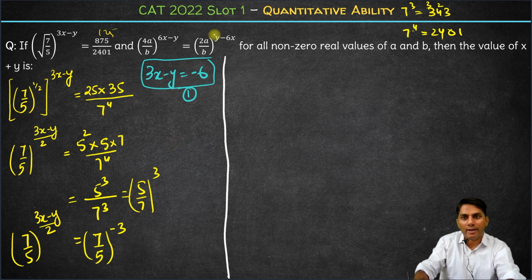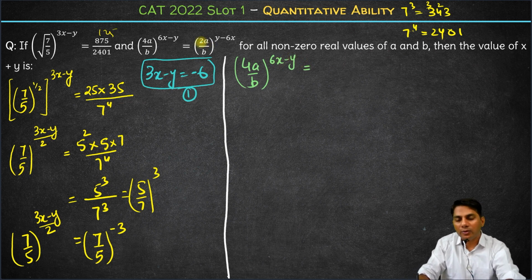Now considering this part here, what we have is 4a upon b whole raised to the power 6x minus y is equal to 2a upon b raised to power y minus 6x. If you look at the powers, basically this into 1 is this other power.